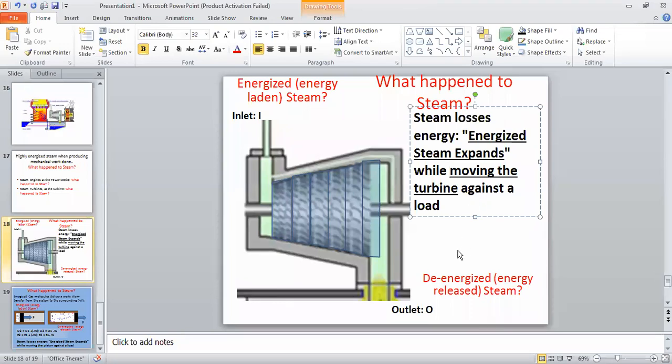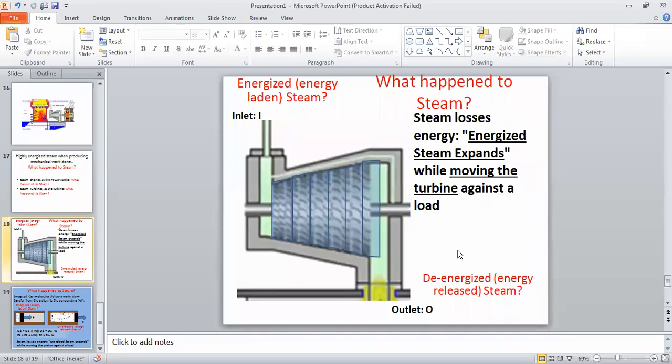The moving is okay. So this can be turning, or maybe linear pushing, like for example in piston cylinder arrangements. Okay, good.